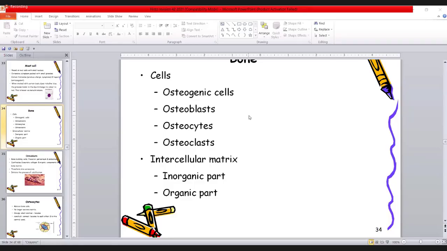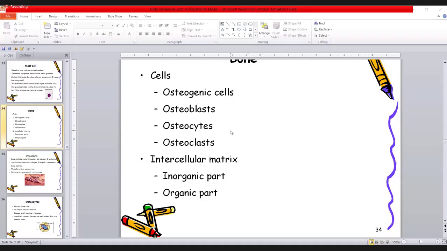What is their function? Secreting bone matrix; they secrete the bone collagen and organic parts of the bone matrix, and when mature, they are transformed into osteocytes. So that is osteoblast.